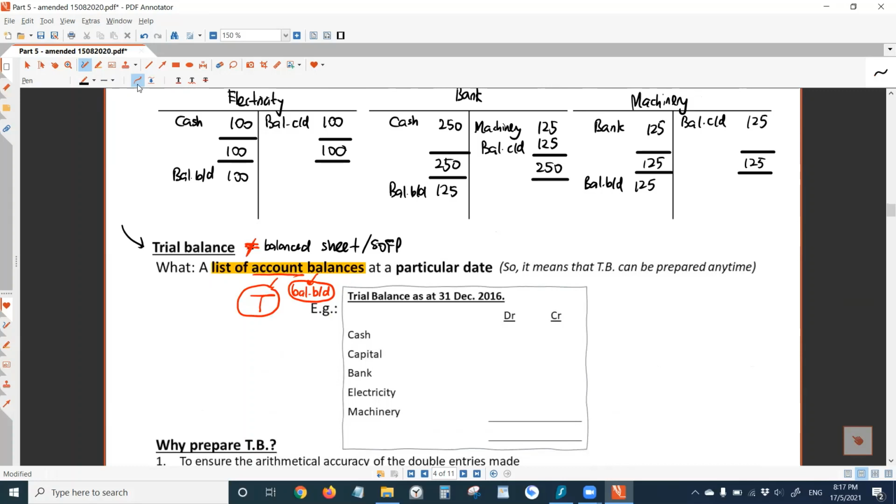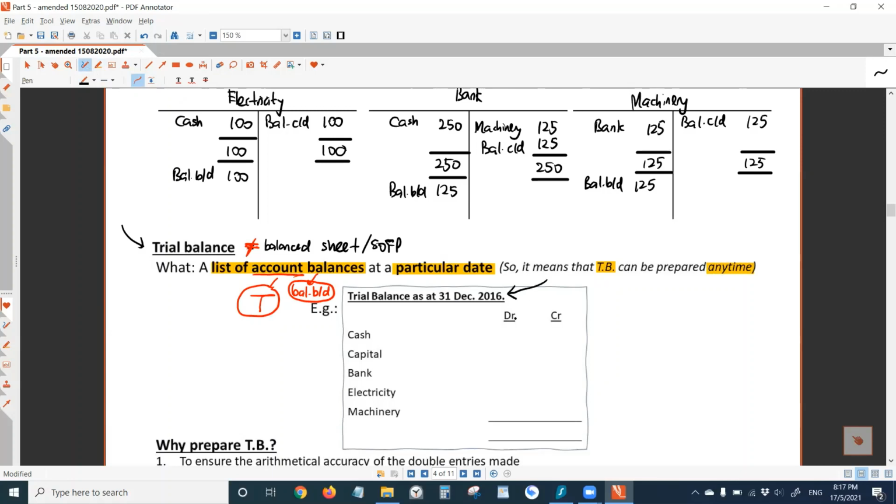It also says at a particular date. It indicates that you can prepare trial balance anytime, not necessarily at the year end. Let me show you how to complete the trial balance. This is the heading, trial balance as at 31st December 2016.